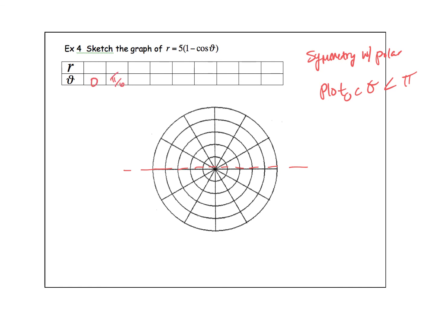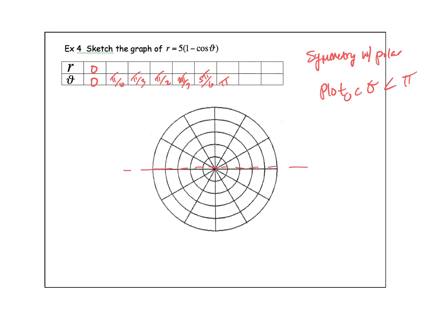0, pi over 6, pi over 3, pi over 2, and then we're going to go to 2 pi over 3, 5 pi over 6, and pi. I have some decimal answers in here for this one, just because there was a 5 involved, and when you're trying to simplify root 3 over 2 and a 5, it doesn't do us much good. So if I put in my 0, cosine at 0 is 1, so 1 minus 1 gives me a 0, times a 5 is still a 0.